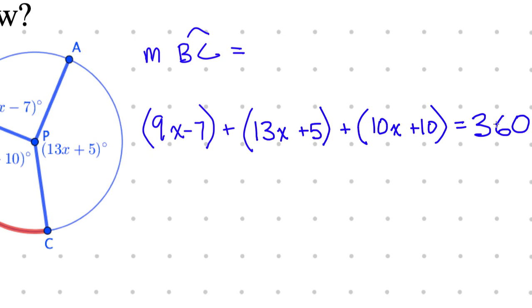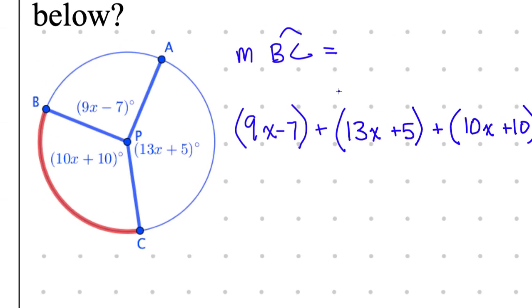Then I'm going to solve for x, but when I solve for x, I'm not done. I need to plug it back into our original central angle 10x plus 10, and then that will tell me what this arc measure is.